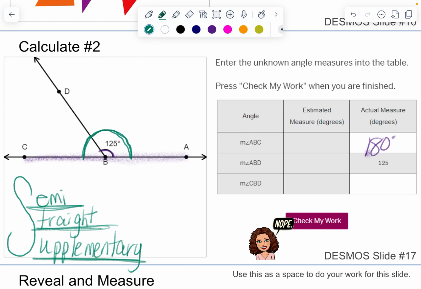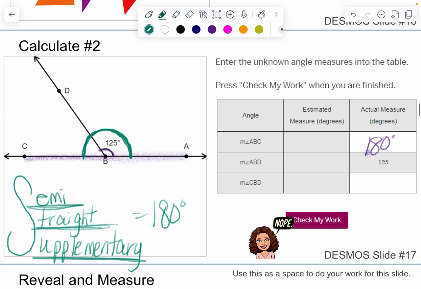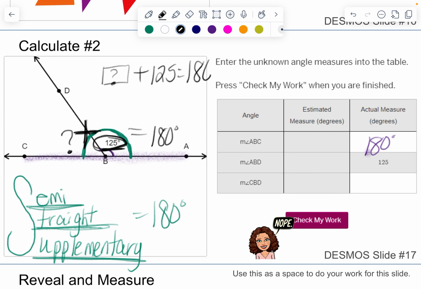That means they are supplementary, which means it's 180 degrees. If you draw that semicircle on a straight line, it is supplementary. So this angle that we don't know plus this 125 degrees equals 180 degrees.